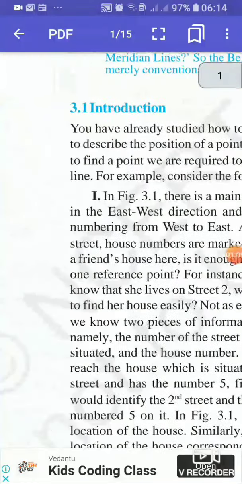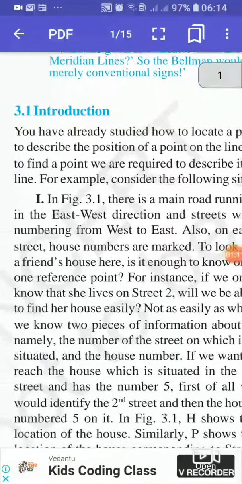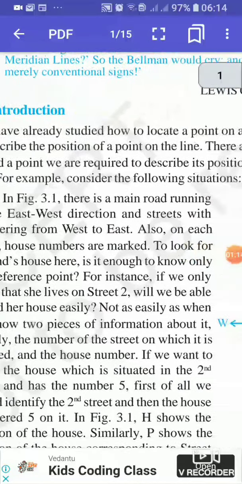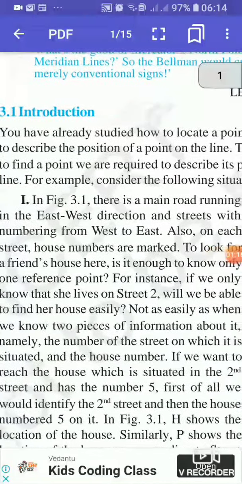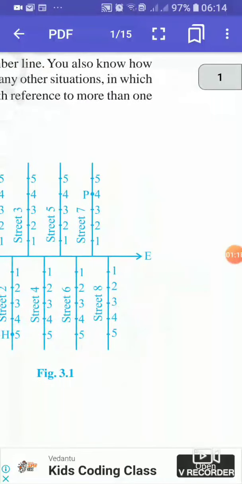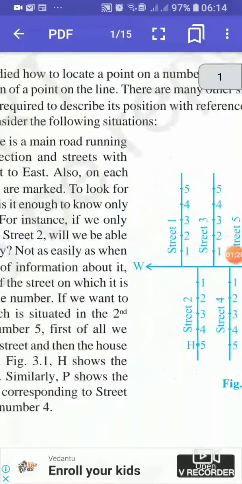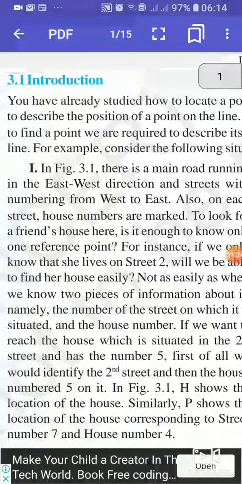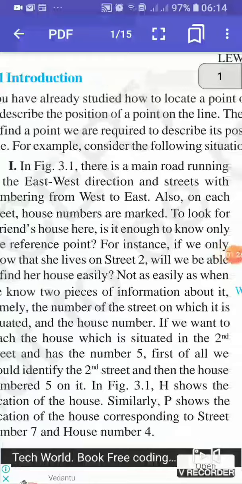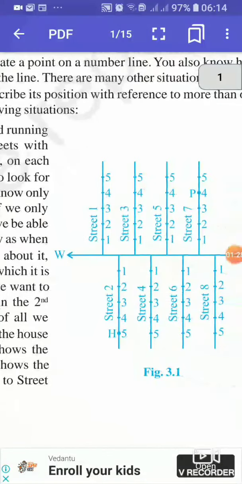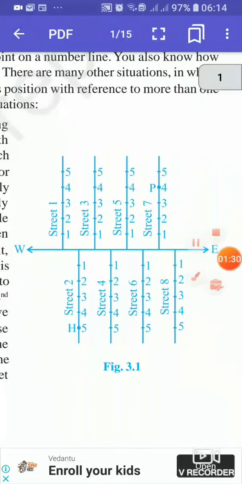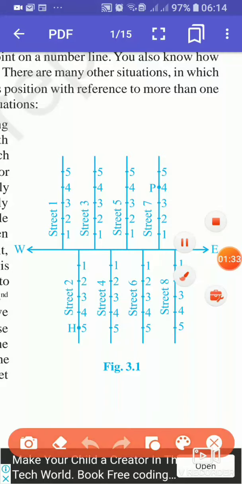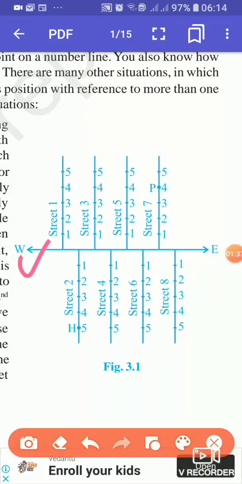There is a main road running in the east-west direction, and the streets are numbered from west to east.